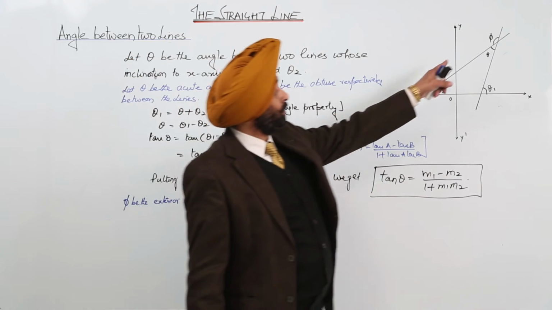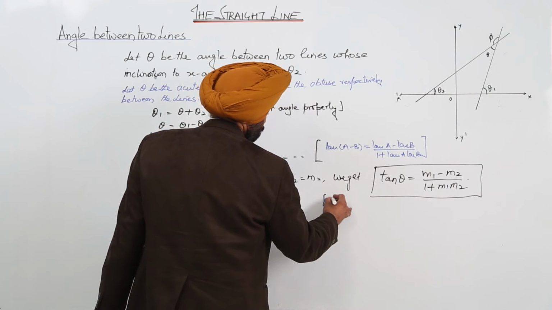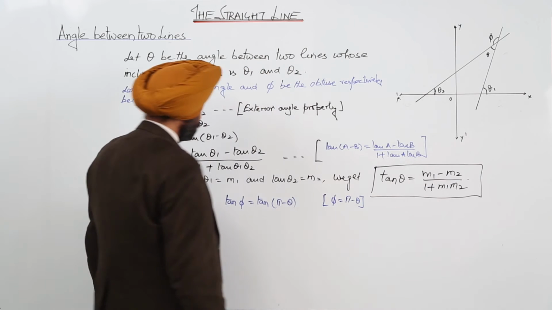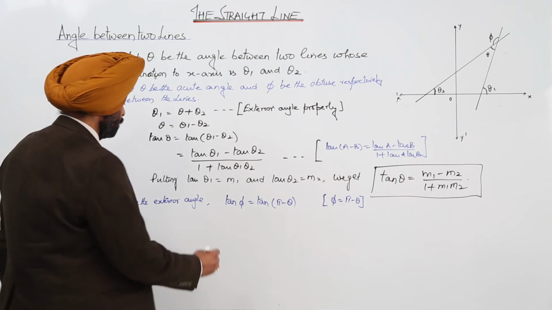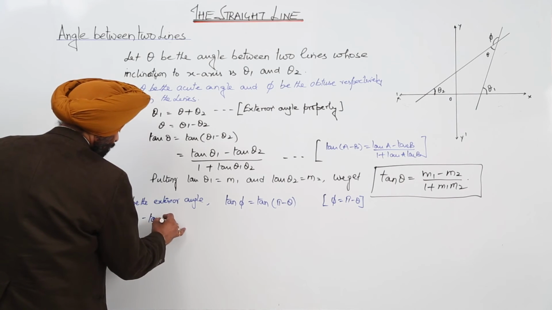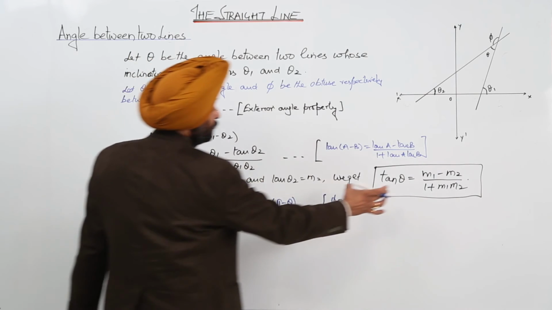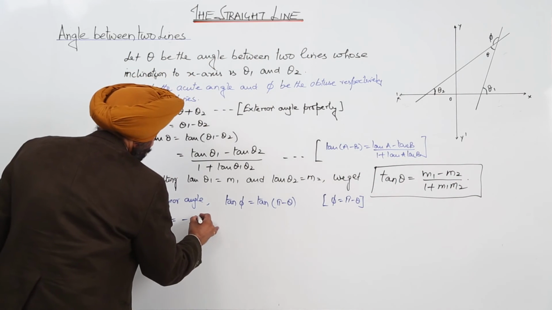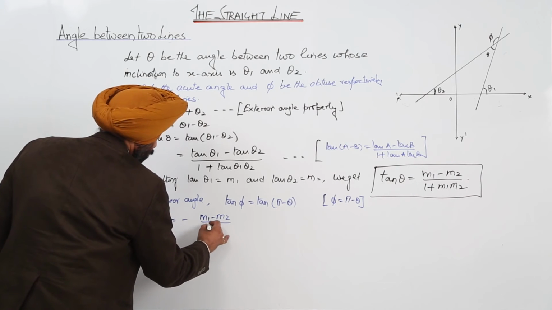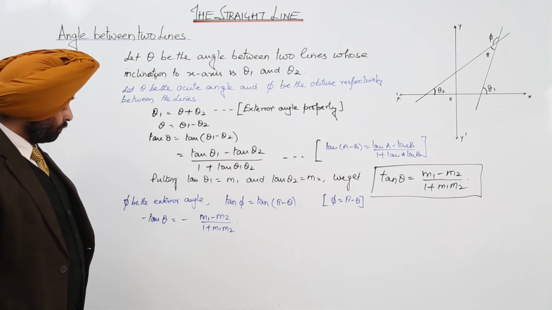Here first of all, what is phi? Phi is equal to pi minus theta. So we have just multiplied by tan. Now negative of tan theta is equal to negative of, now tan theta we already have, so we can write negative of m1 minus m2 upon 1 plus m1 m2.